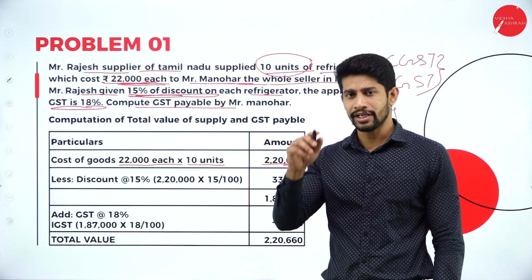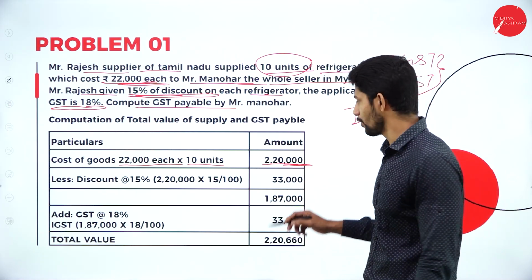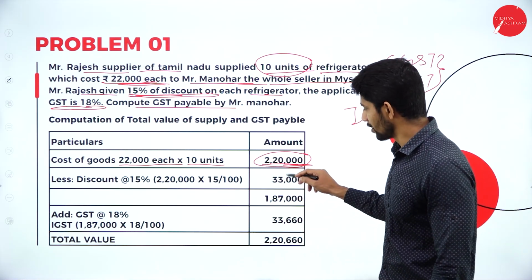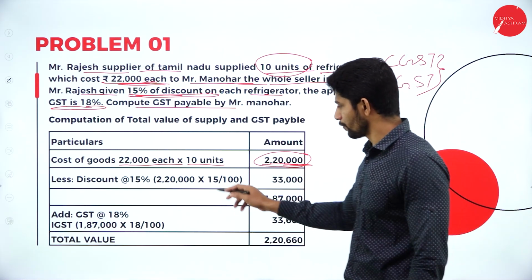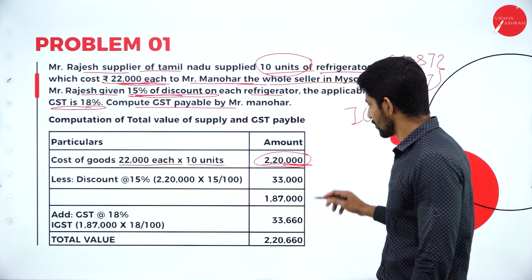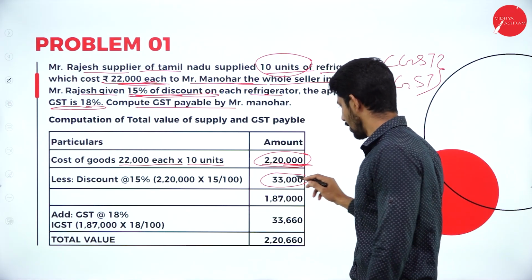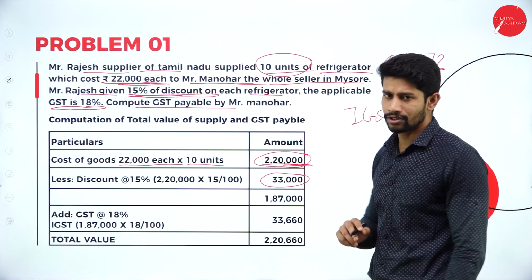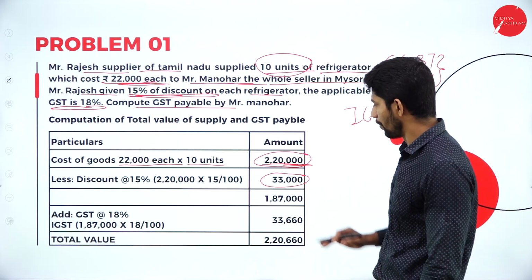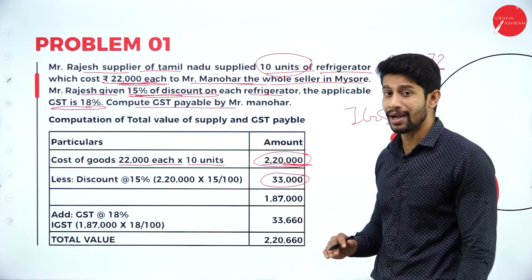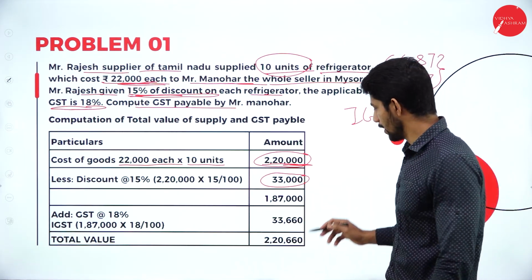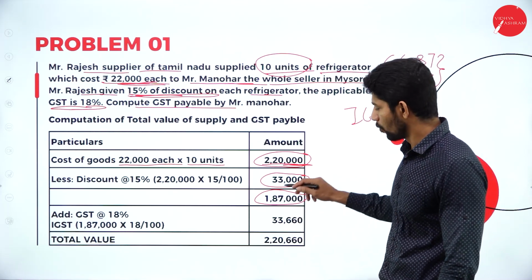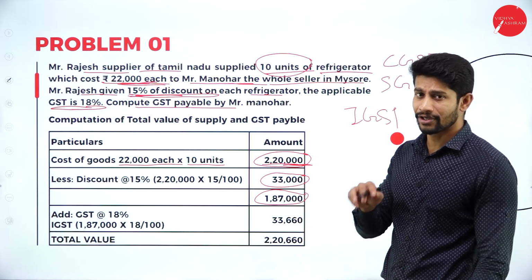Even if you compute on each refrigerator or on the total value of all 10 refrigerators, you will get the same amount of 33,000. So 2,20,000 into 15%, you will get 33,000. Deduct the discount amount from 2,20,000. What is the balance you will get? The balance is rupees 1,87,000, that is after discount.